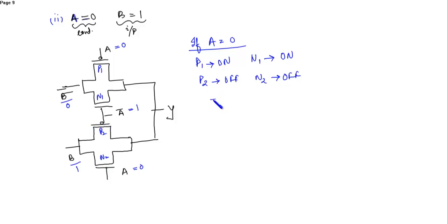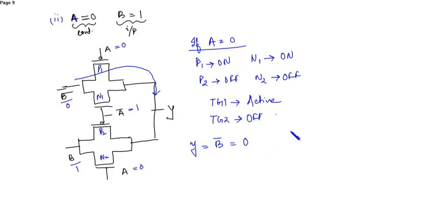So what will happen? The transmission gate 1 is again active, while the transmission gate 2 is off. So if this is active, then again the input B bar is available at the output Y. So Y is equal to B bar, which is equal to 0, since B here is 1.